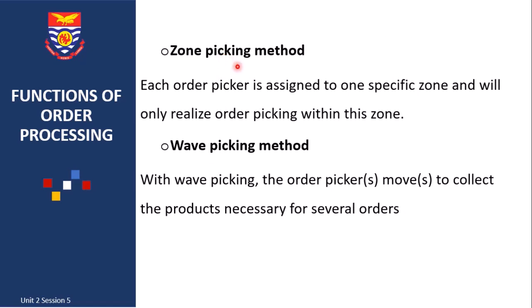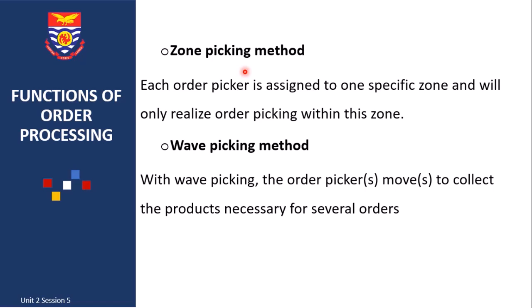Then with the zone picking, this is where the order picker in the warehouse picks customer items. So let's say there is an aisle for stationeries, there is a part in the warehouse for consumables, there is a part in the warehouse for electronic appliances. The zone picking is where for all the 5 customer orders that the organization will receive, they will identify the common characteristics.